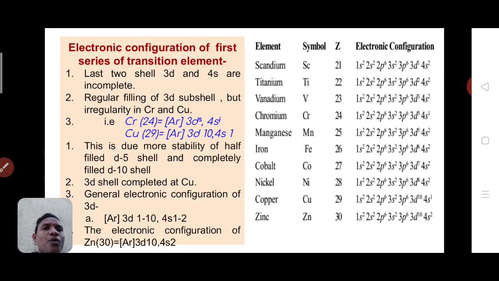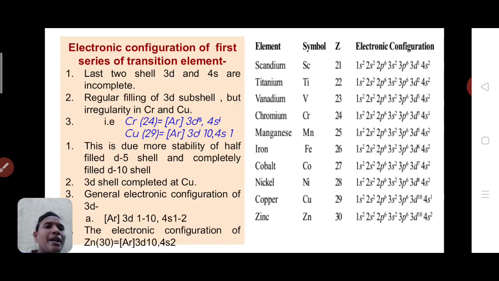Now see the electronic configuration of the first series of transition elements. The last two shells, 3d and 4s, are incomplete. See in the picture, 3d and 4s are incomplete. There is regular filling of the 3d subshell but irregular in chromium and copper.